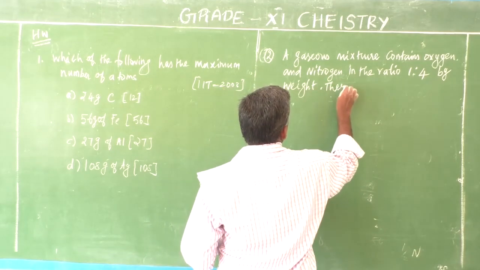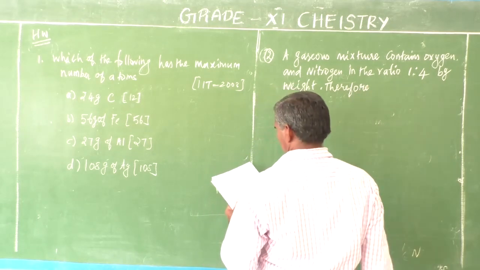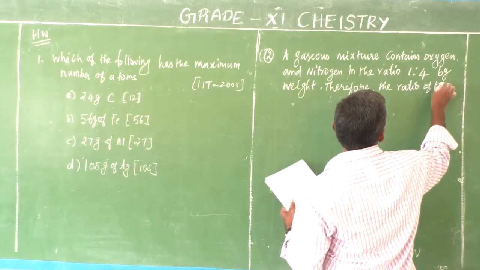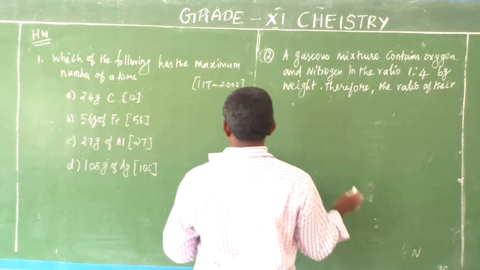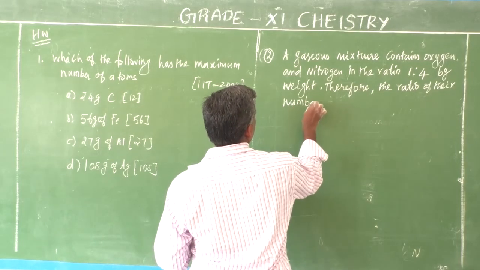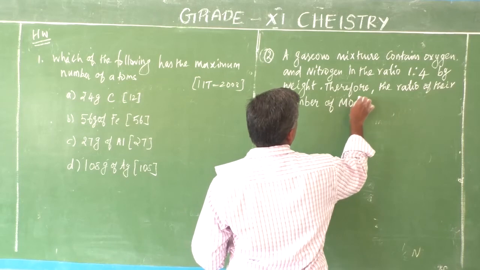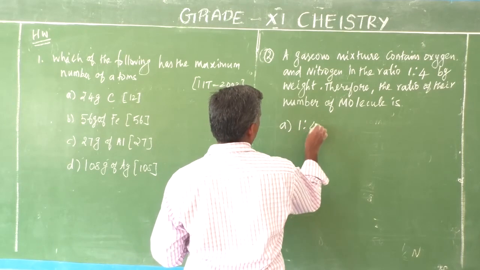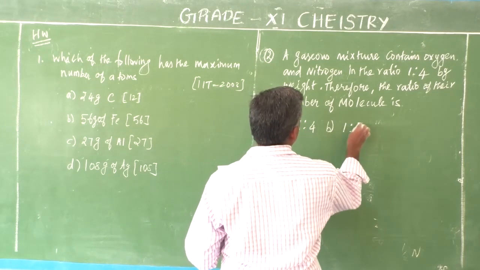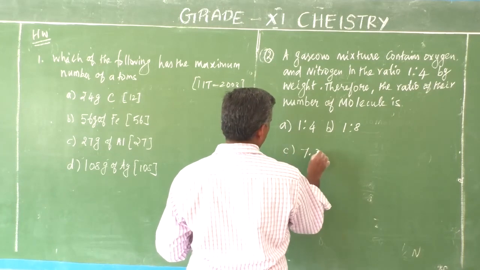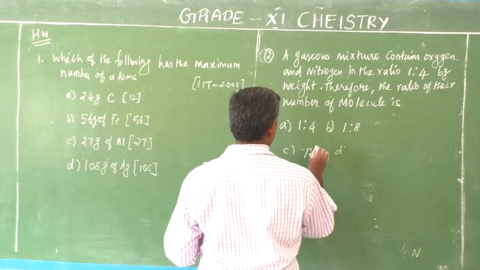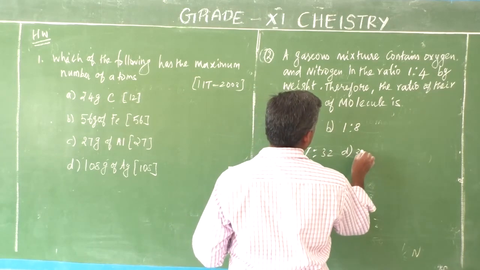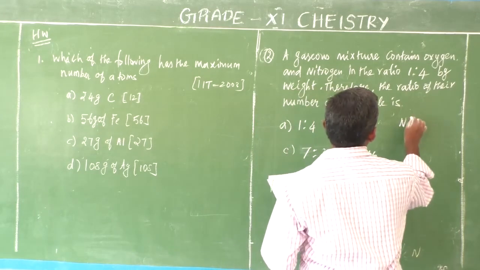Therefore, the ratio of the number of molecules is: option A 1:4, option B 1:8, option C 7:32, option D 3:16. This is a neat question.